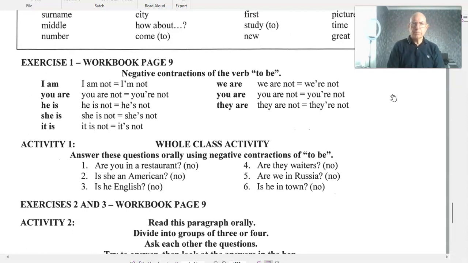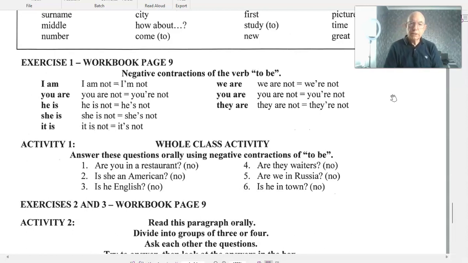Next, the plural: we are not, we're not. You are not, you're not. They are not, they're not. Now you can do positives. It may be a little more common doing the negative, and so that's, I guess, why they're teaching it.